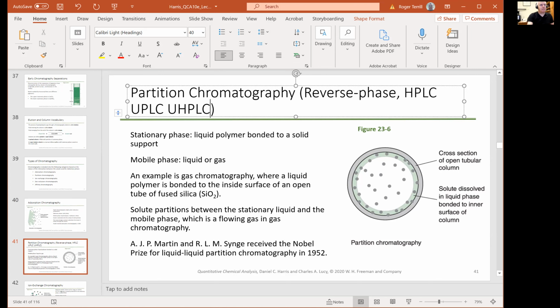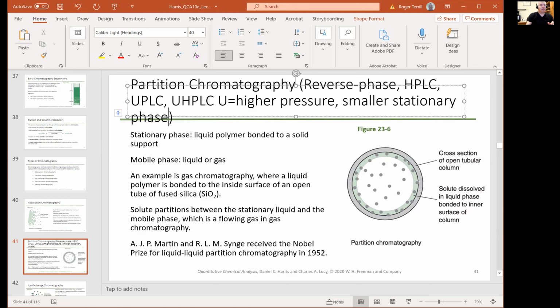Nothing effective about it. It's simply smaller. It's still very uniform, but the U means higher pressure, smaller stationary phase. U is ultra, but it means higher pressure and smaller stationary phase. Okay.